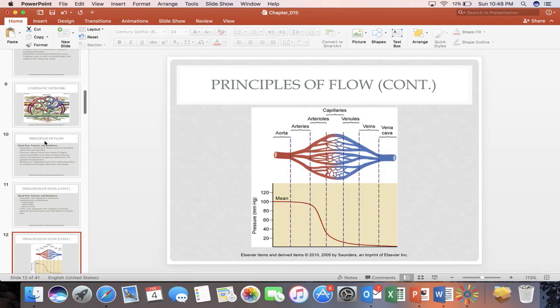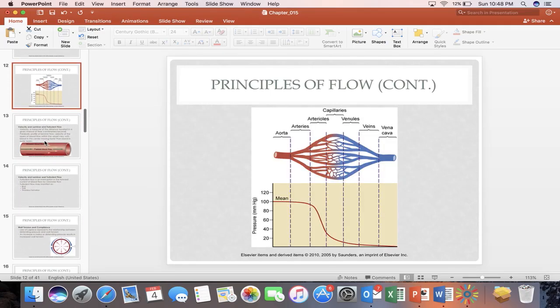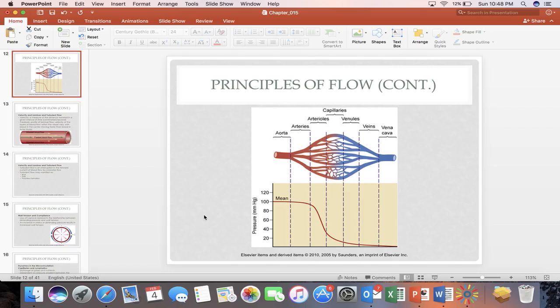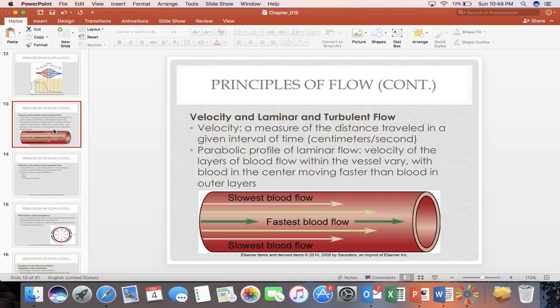As you can see in this diagram here, here's the pressure. Pressure within the aorta and arteries is constant. However, here within the arteriole is where the largest drop occurs due to the resistance. Then you have the venules, veins, and the vena cava after that.